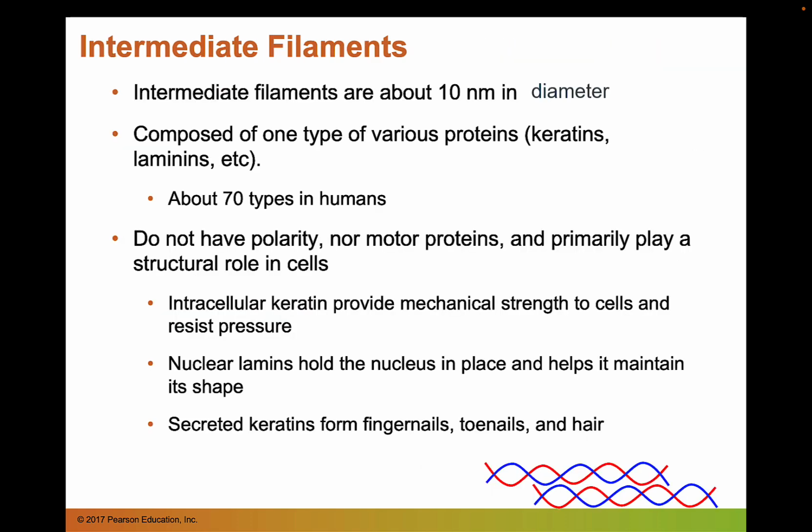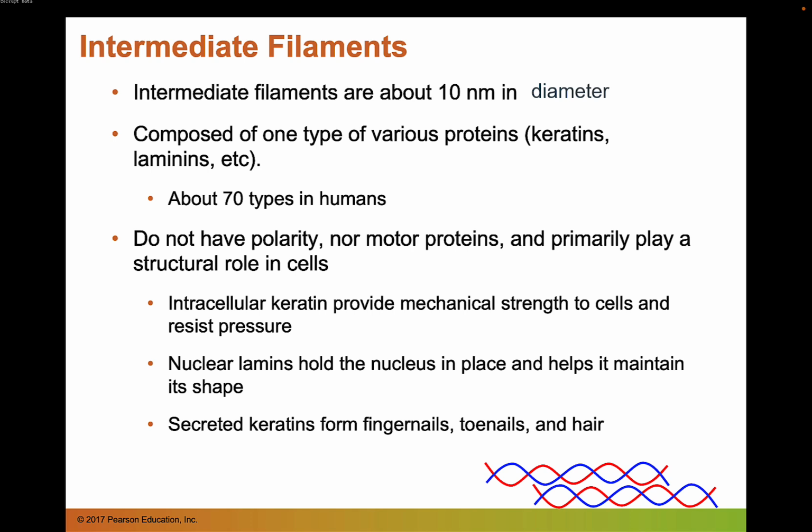The next group of proteins I want to talk about are intermediate filaments. These are about 10 nanometers in diameter, and they're composed of various types of proteins. So actin is always made up of actin, but an intermediate filament can be made from something like keratin or lamins, okay?